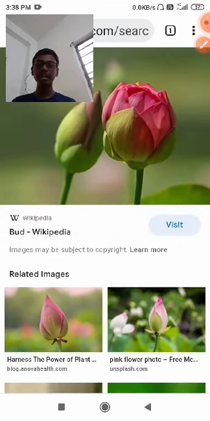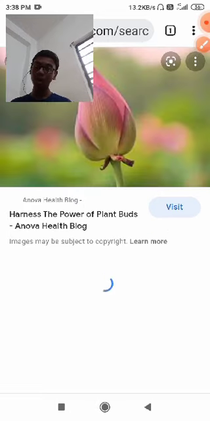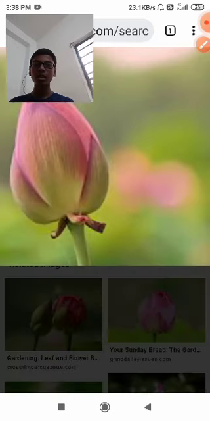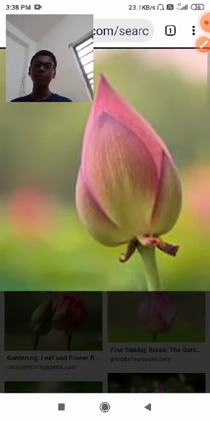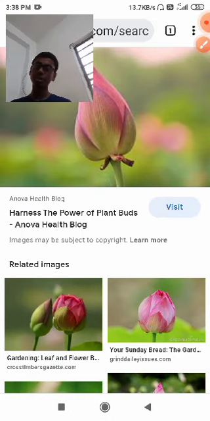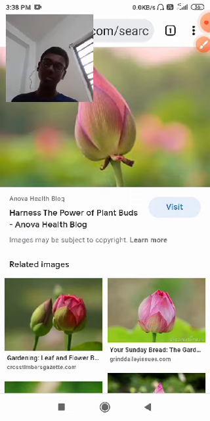Now let us again go to our main objective. But before that, I want to show you one more picture, this one. This is also a floral bud. So I've shown you three pictures, one in the study material which I was sharing a bit ago and two pictures on Google. Let us again go to that PDF where I was explaining the objective.